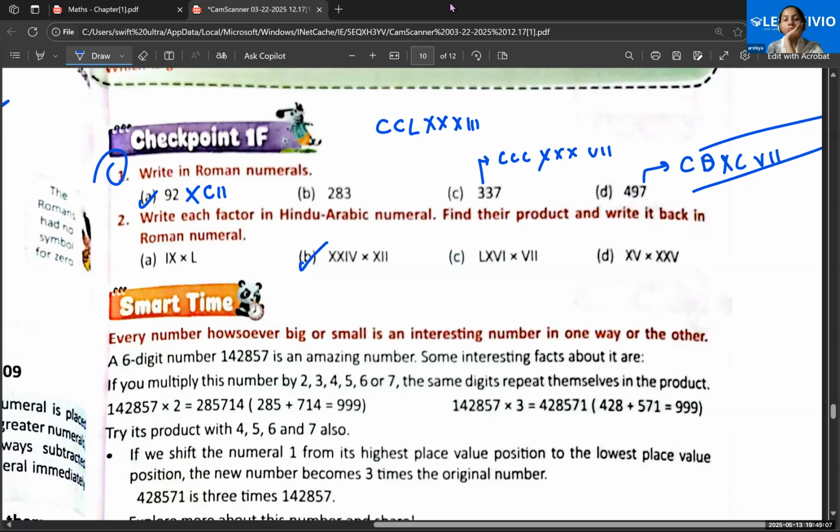Done now. Okay, how much did you get? The answer I got is 264. In Roman numerals, it's CCLXI. Okay, wait. What was the first number? First number was XXIV, 24. The answer was 264.